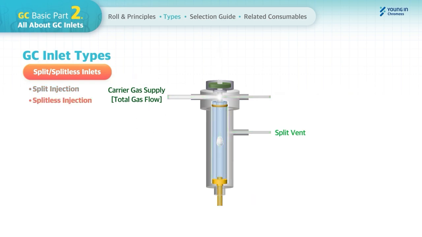With the splitless injection mode, the total gas flow will flow to the septum purge and the column flow at first. Let's say we set the column flow to 1 milliliter per minute and the split ratio to 1:50. The split ratio needs to be set as well to be applied at split on time.